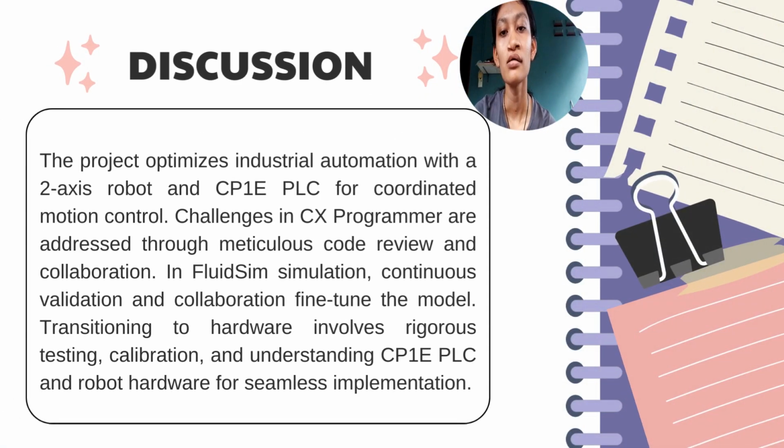Discussion. What can we discuss from this project? The project optimizes industry automation with a 2-axis robot and CP1E PLC for coordinated motion control. Challenges in CX programmer are addressed through meticulous code review and collaboration.